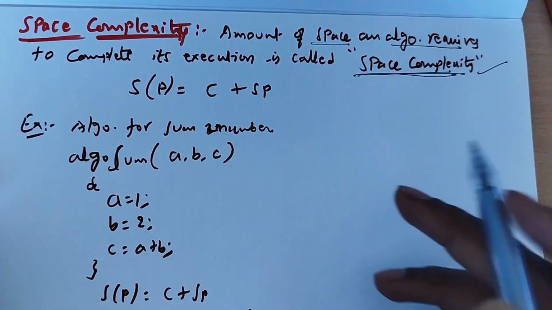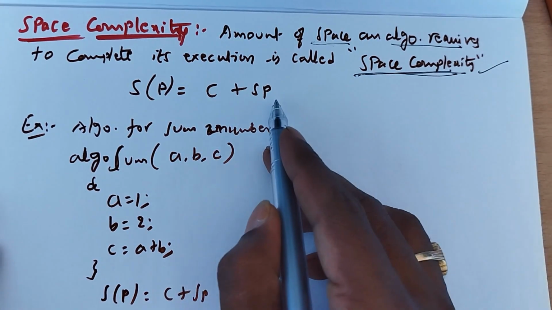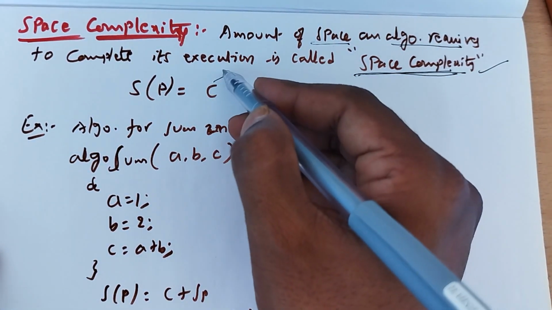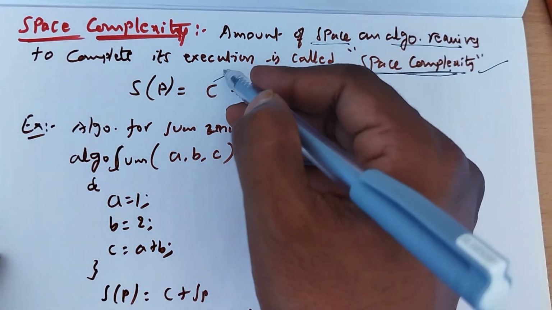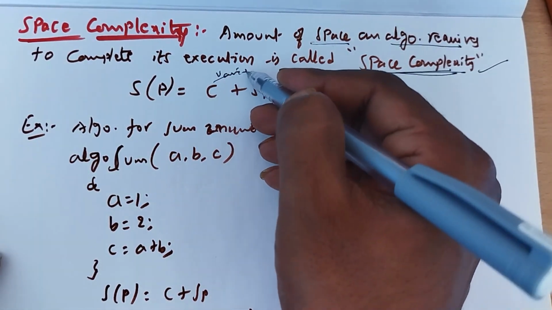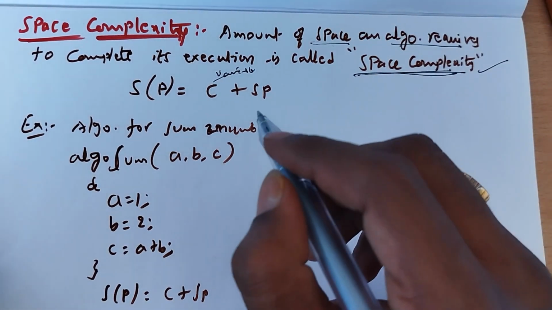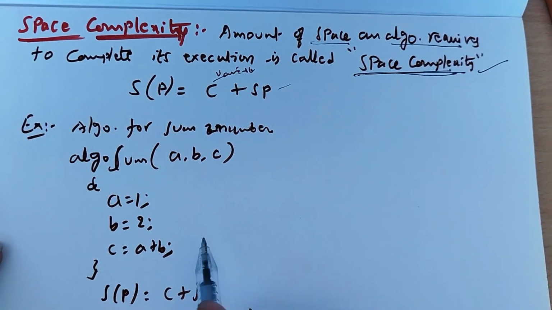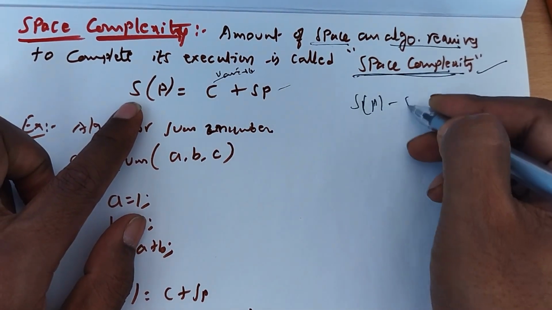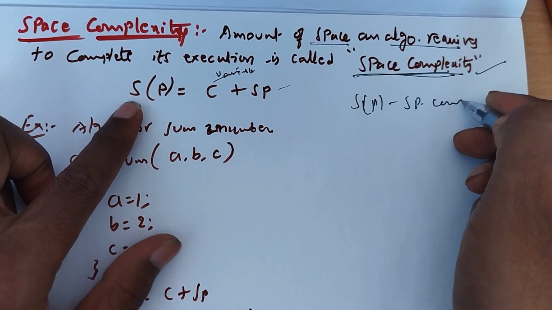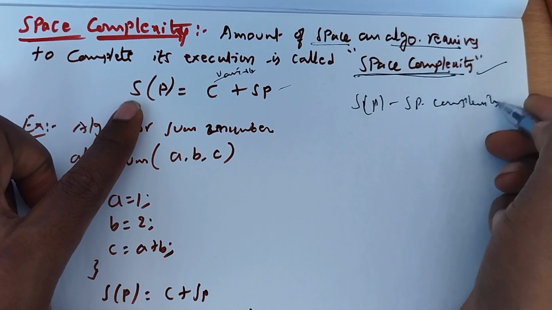Okay, here there is a formula S(P) equals C plus SP. S(P) is nothing but space complexity. And what about C?